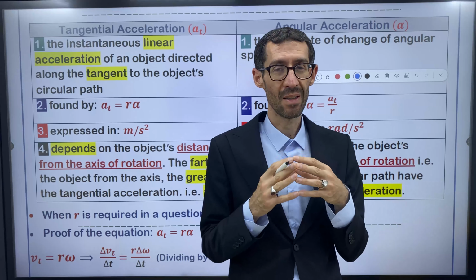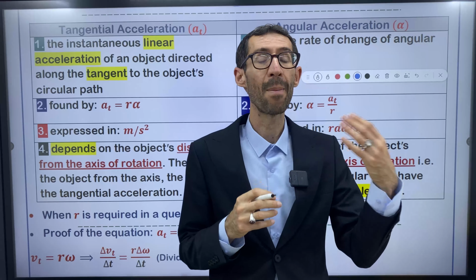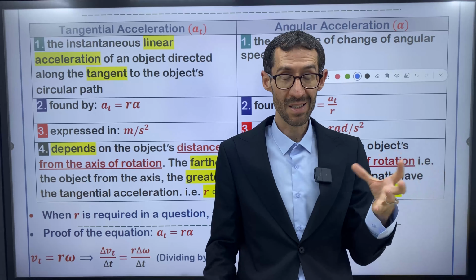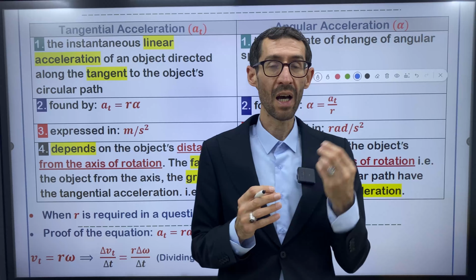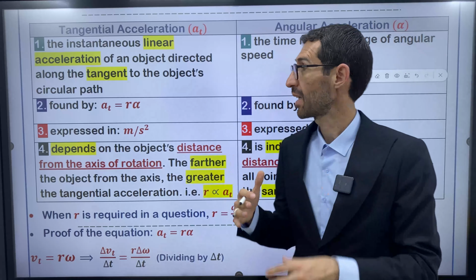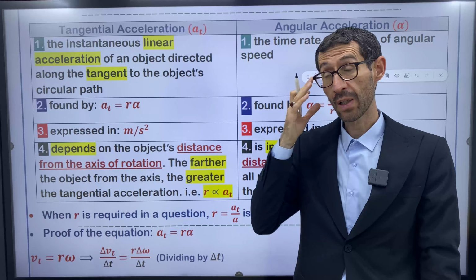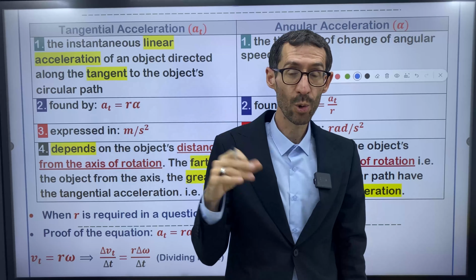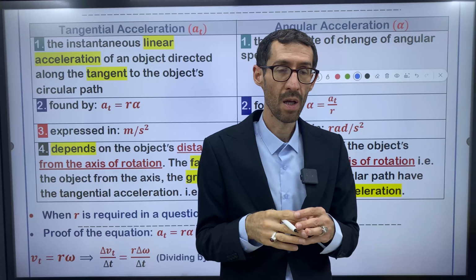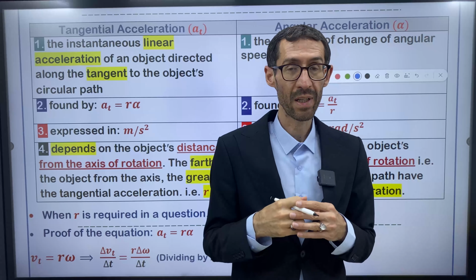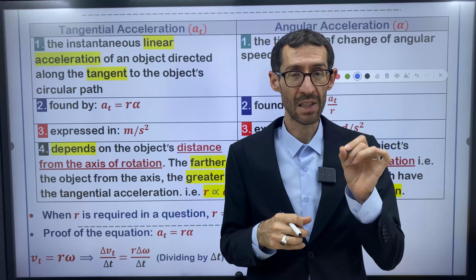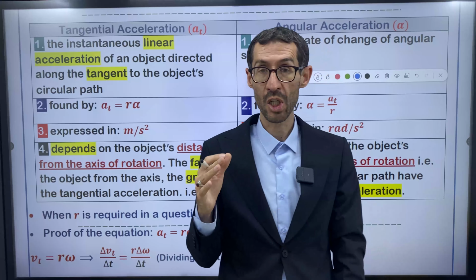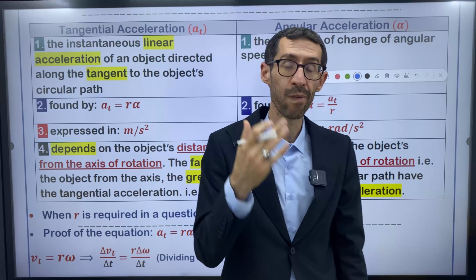An average of some quantity does not involve very accurate information because it focuses on only one value. Whereas in a circular track, for example, when a particle circles the nucleus of an atom, or a car circles the square, at each moment, at each instant, at each position, this object has its own tangential acceleration and its own tangential velocity.